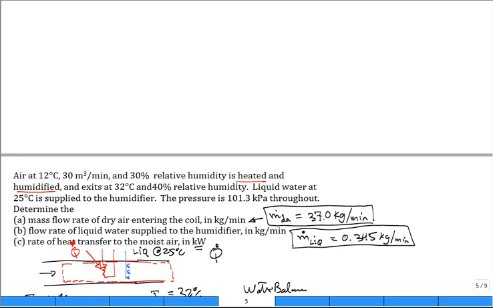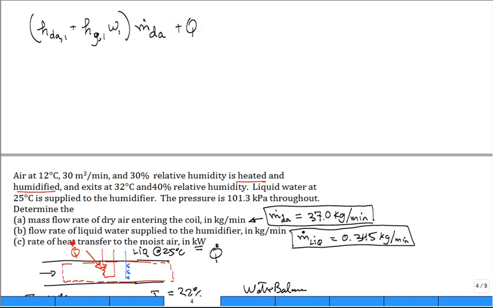So if I do an energy balance here, I'm going to have the enthalpy of the dry air coming in plus the enthalpy of the vapor coming in. I'm going to write it H of G, vapor coming in, times the humidity ratio coming in, times the mass flow rate of dry air coming in. So that's the inflow with the moist air coming in. The energy is a contribution from the dry air as well as the vapor that's in the moist air. Okay.